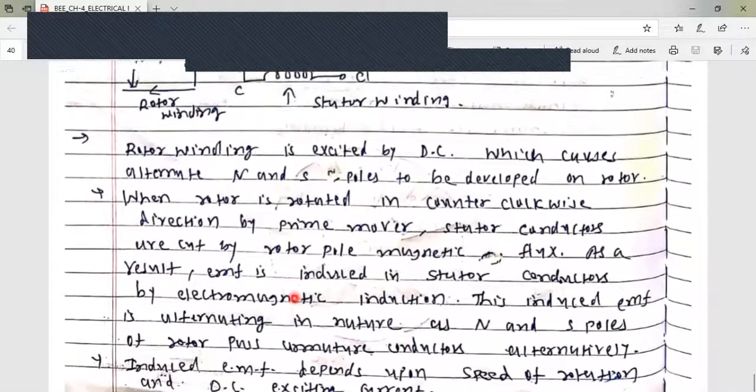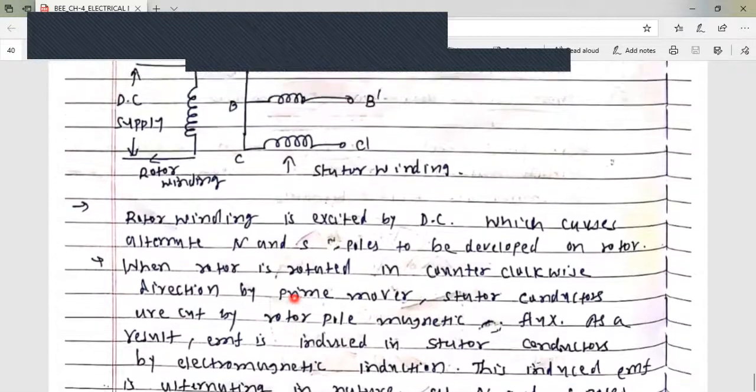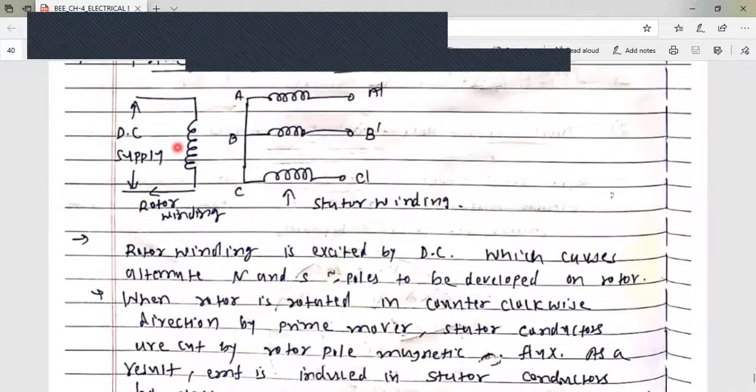See here, again, when we give DC supply to this rotor winding, it produces north and south poles on the rotor. When this rotor is rotated in counterclockwise direction by the prime mover, the stator conductors are cut by the rotor magnetic flux.